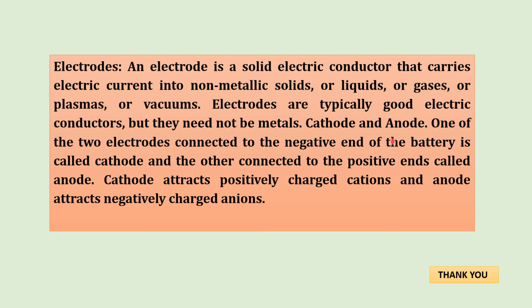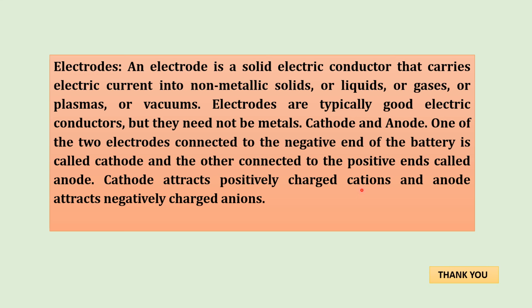The two types of electrodes are cathode and anode. The electrode connected to the negative end of the battery is called cathode and the other, connected to the positive end, is called anode. Cathode attracts positively charged cations and anode attracts negatively charged anions. Hope you have understood.